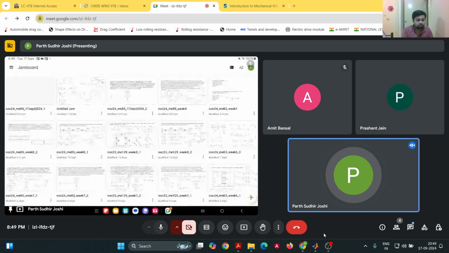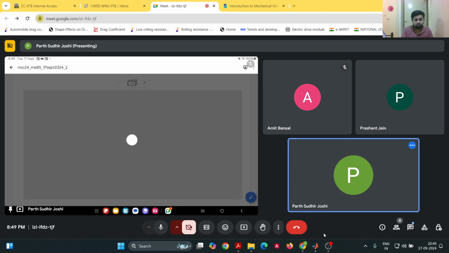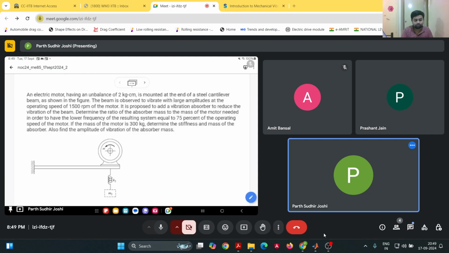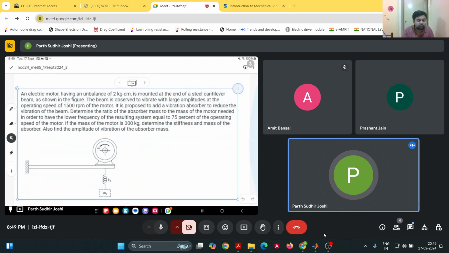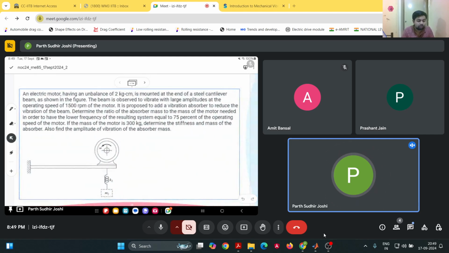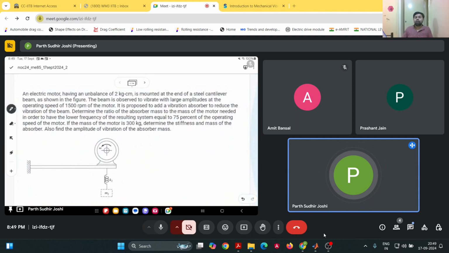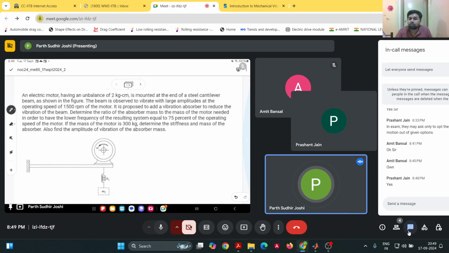Then I had some more problems. Yes, we can quickly discuss this one. Are you more interested in solving these kinds of problems, or do you want me to skip the problem solving part and move to MATLAB type examples, considering we have 10-15 minutes?